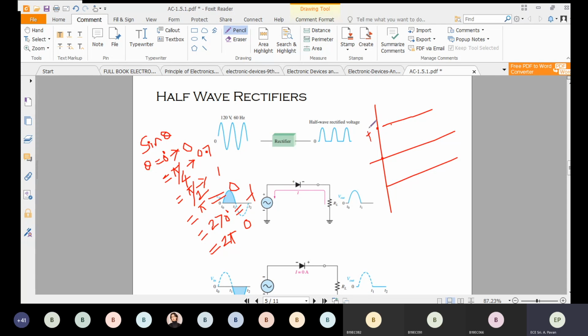Plus 1 and minus 1, we start at 0, then 0.7 somewhere here, then reach 1, then again 0.7, then again 0, then minus 0.7, then minus 1, then again 0. So this is nothing but a sine wave, right?